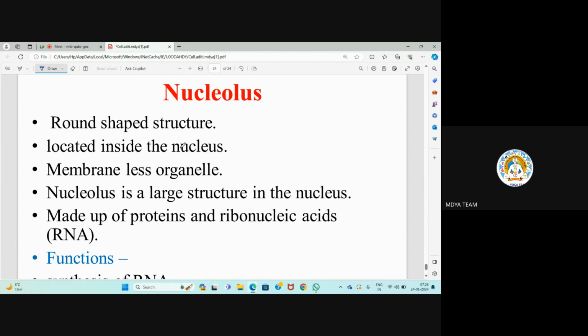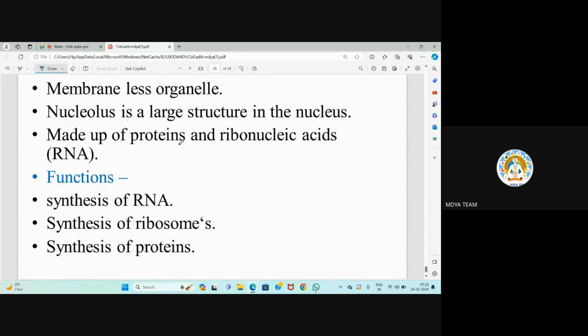Nucleolus is a large structure in the nucleus made up of proteins and ribonucleic acids, that is RNA. It is a highly protein structure containing RNA.